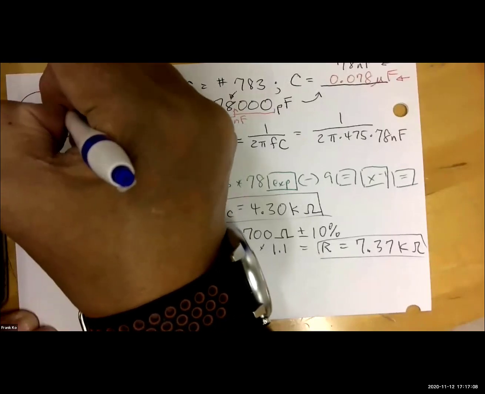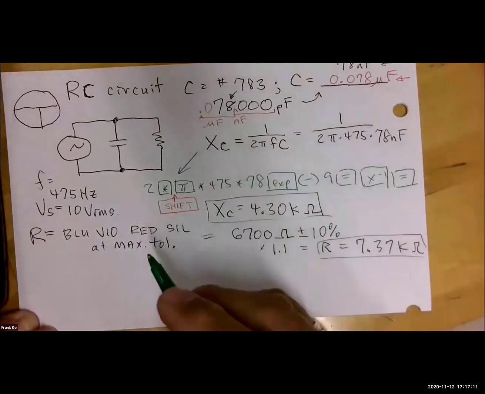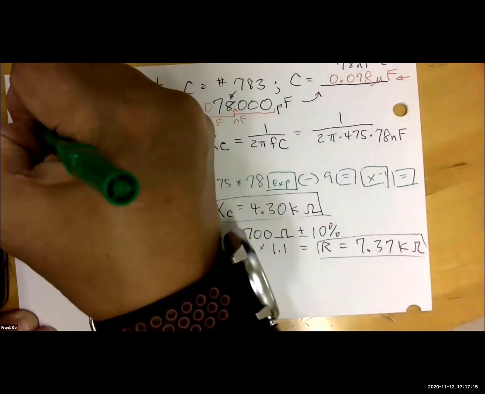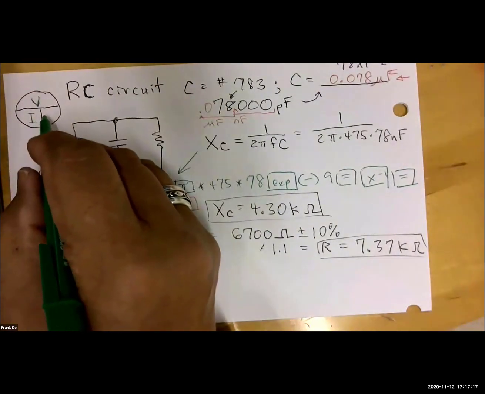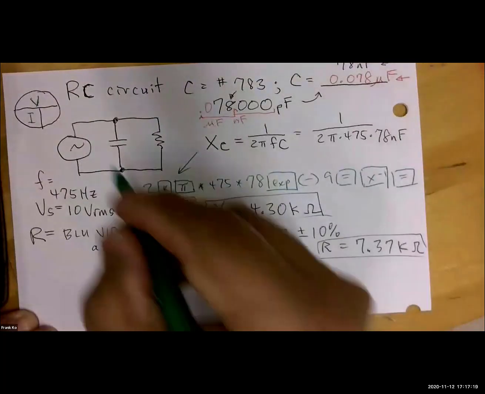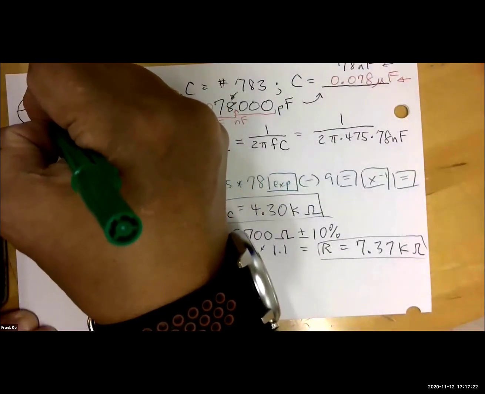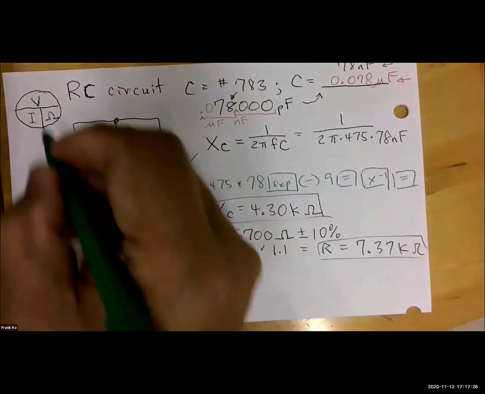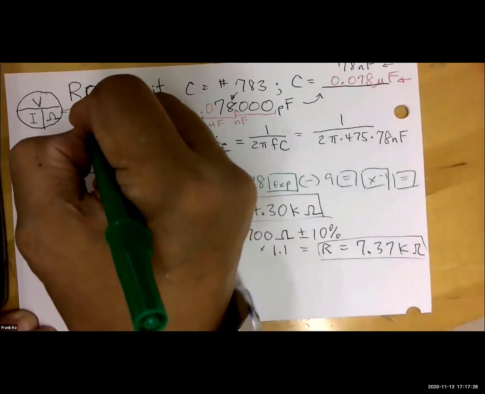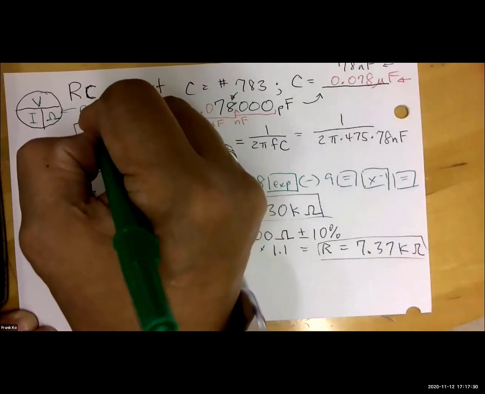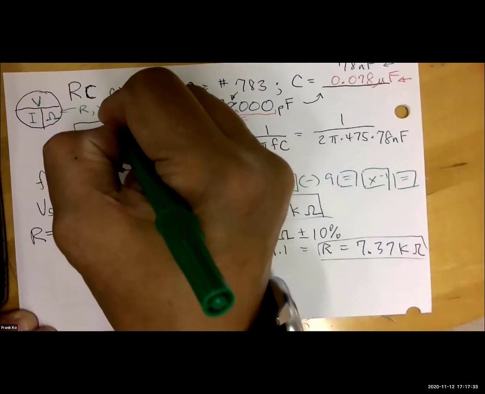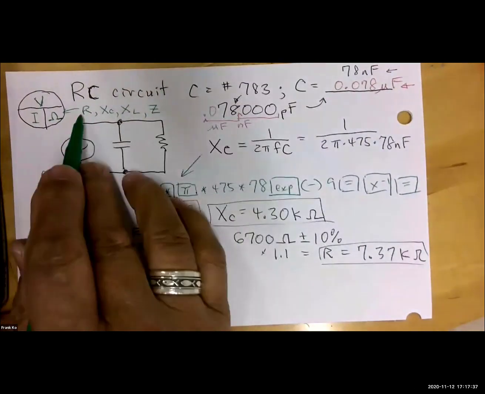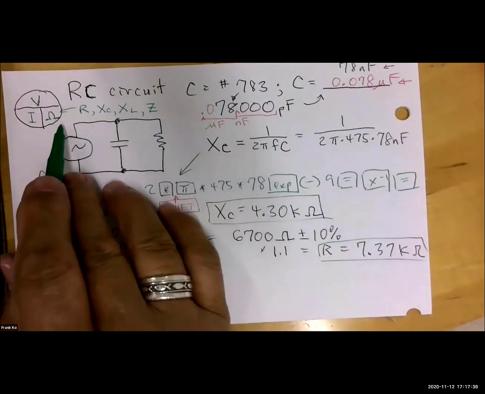Okay, so we're going to rely on Ohm's law, and I'm going to rewrite Ohm's law slightly. We already know it's V, I, and we've always written R in this corner, but because we're dealing with a number of new quantities, I will write V, I, omega. And omega could represent R, or X sub C, or X sub L, or Z. Any of those four quantities are measured in ohms.